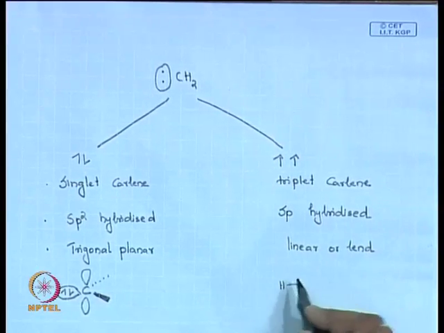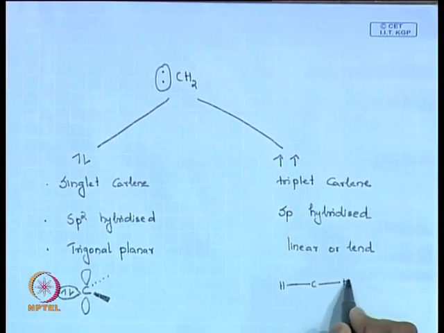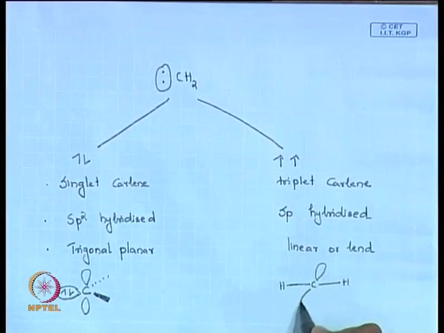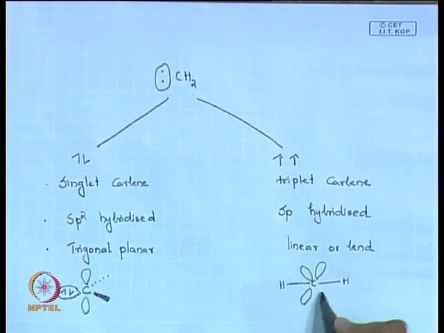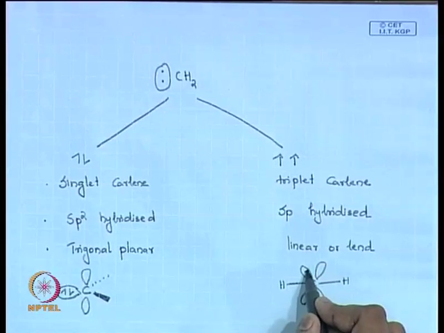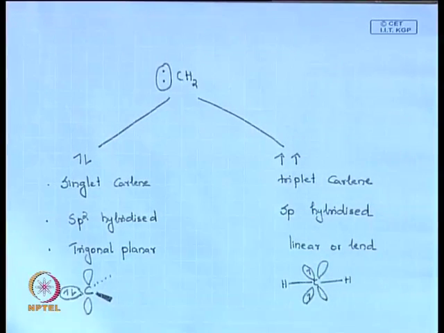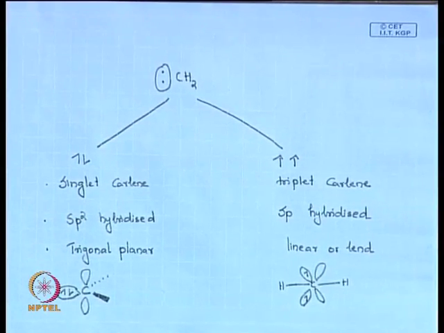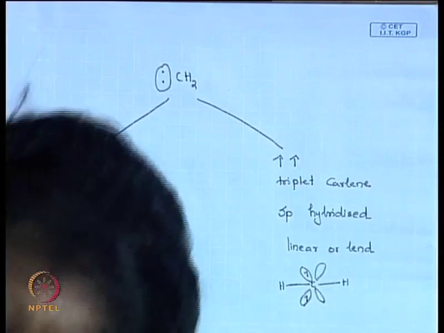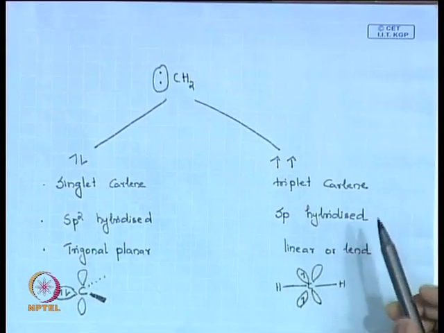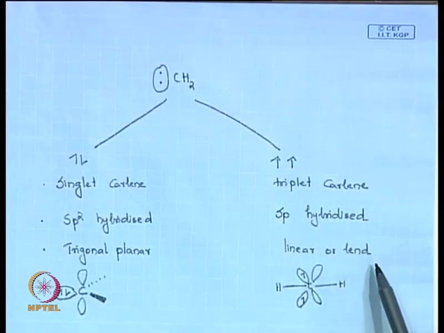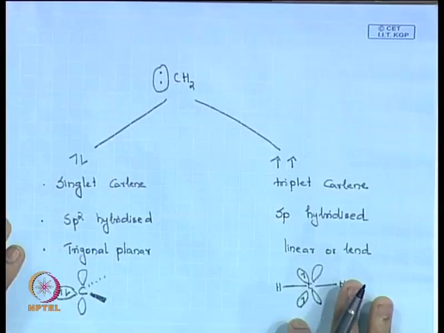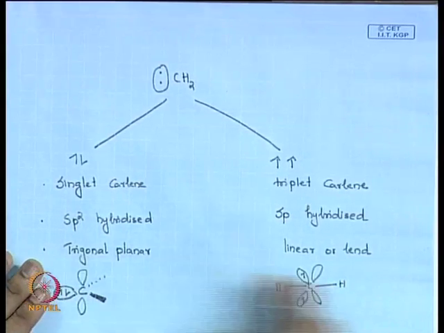For linear, I can write like this to be linear. Alright, so singlet carbene is sp2 hybridized and trigonal planar; triplet is sp hybridized and linear or bent. This is about their structure. So the structure we now know: one is trigonal planar and the other is linear.